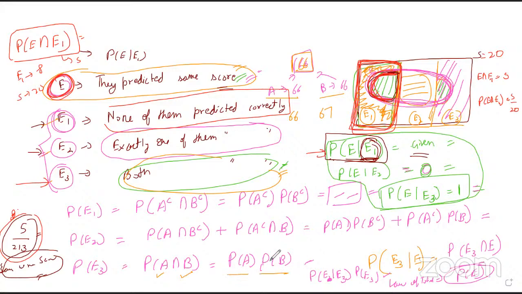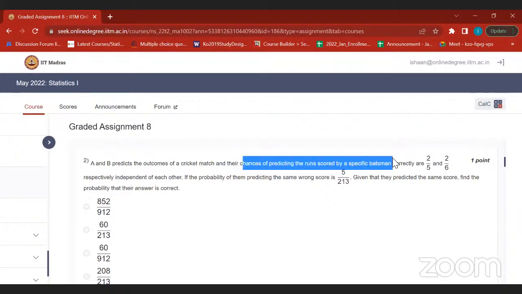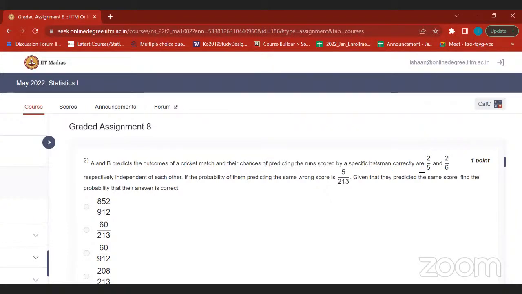I got the confusion because there was player score predicting, player score. Can you open the question window, sir? So in that it is written that A and B predict the outcomes of a cricket match, and their chances of predicting the runs scored by a specific batsman correctly are 2/5 and 2/6. So I thought 2 by 5 and 2 by 6 is their chances of predicting the correct batsman score, not the match prediction.